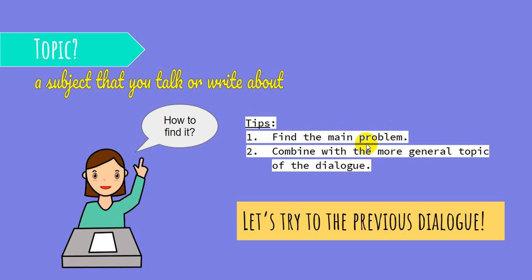Why do I stress the main problem here? Because in case in that dialogue there are more than one problems, it means you have to select one of them, or you have to decide one of them as the main problem of the dialogue. Okay, not the secondary one.